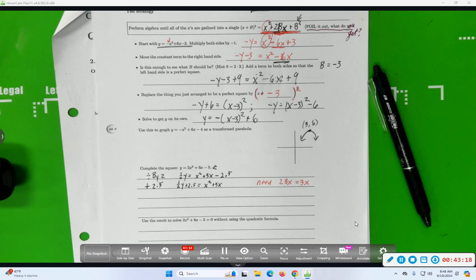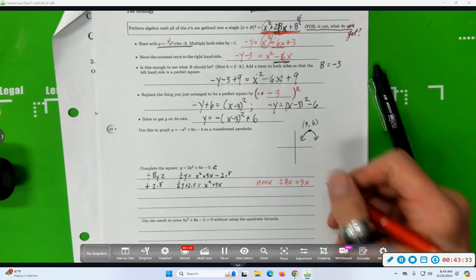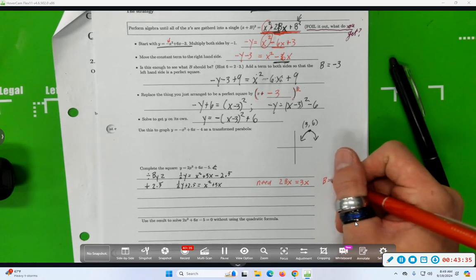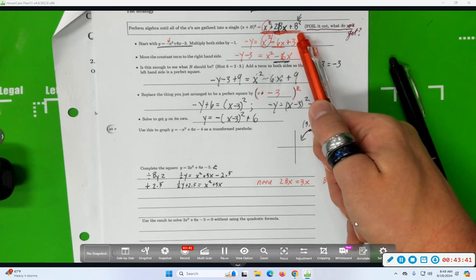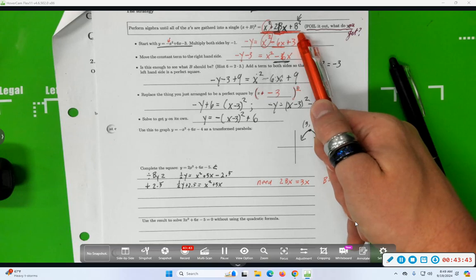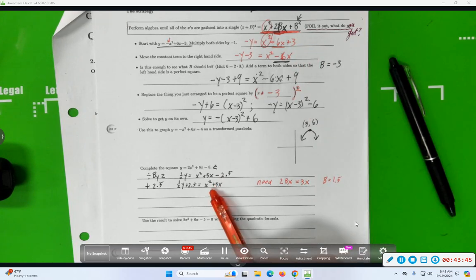Could you look at that equation and solve that for me? 3 halves. 3 halves? Cool. I'm using decimals now, so 1.5? If you want to use fractions, use fractions. I'm just going to try to be consistent. So it looks like my target b is 1.5. But I need to see a plus 1.5 squared on the side that has the x's. Do I see that right now? Could I, though?